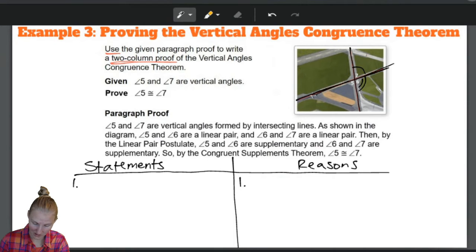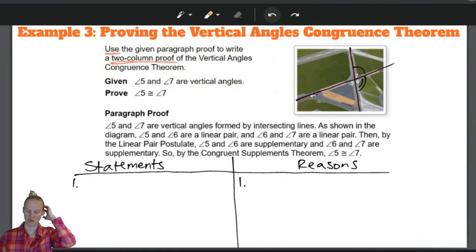Because they make a line together, they are supplementary. Because they're a linear pair, they are supplementary. And 6 and 7 are supplementary because they make a line together. So by the congruent supplements theorem, we talked about that in the last video, angle 5 and angle 7 are congruent.